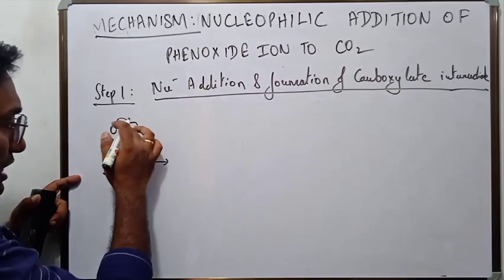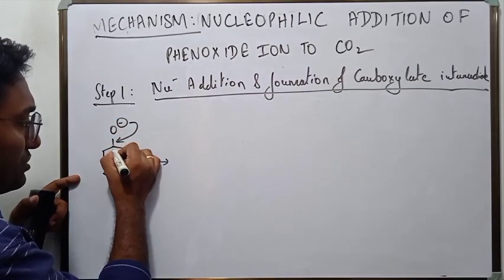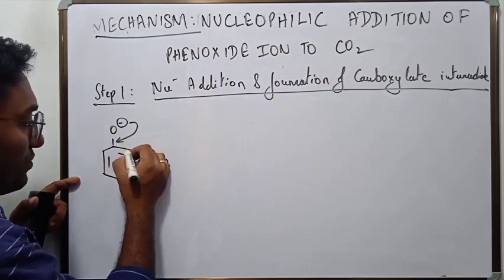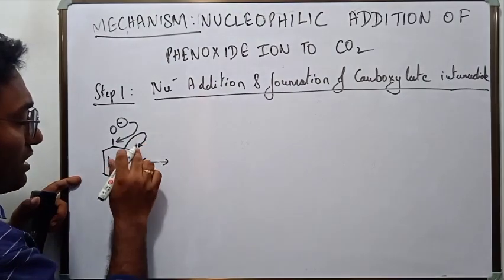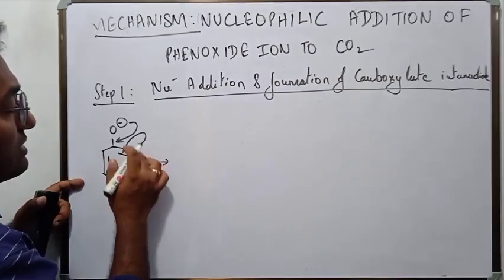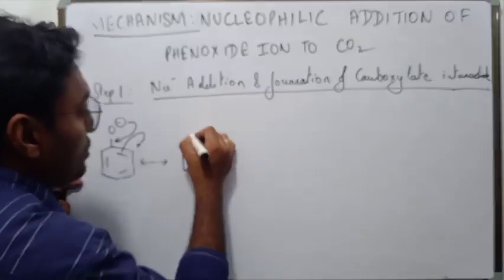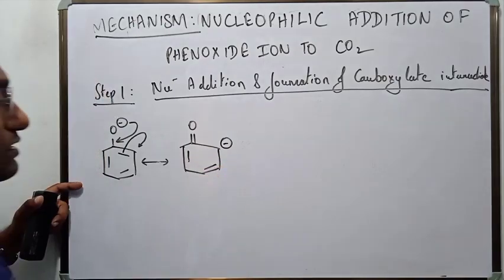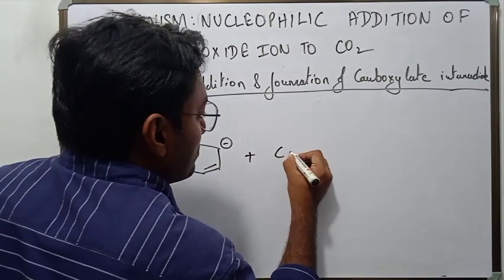When this electron pair comes here, the carbon becomes unstable because its valency is more than 4. So this pair of electrons comes outside the ring and appears as a negative charge. This is the result. Now let us react it with carbon dioxide.